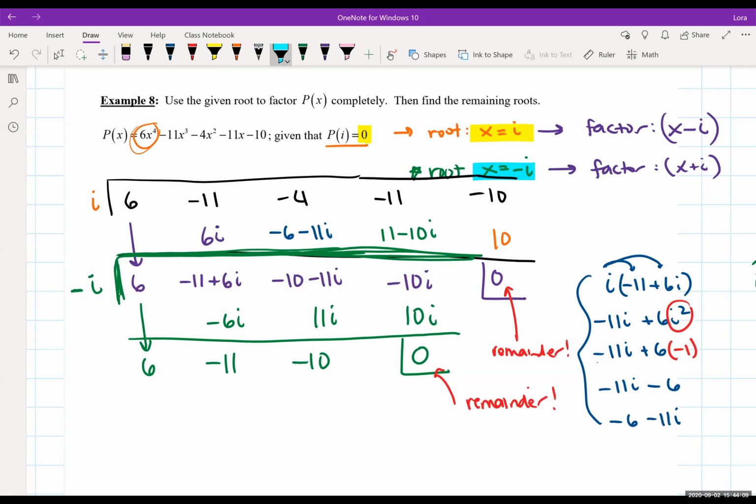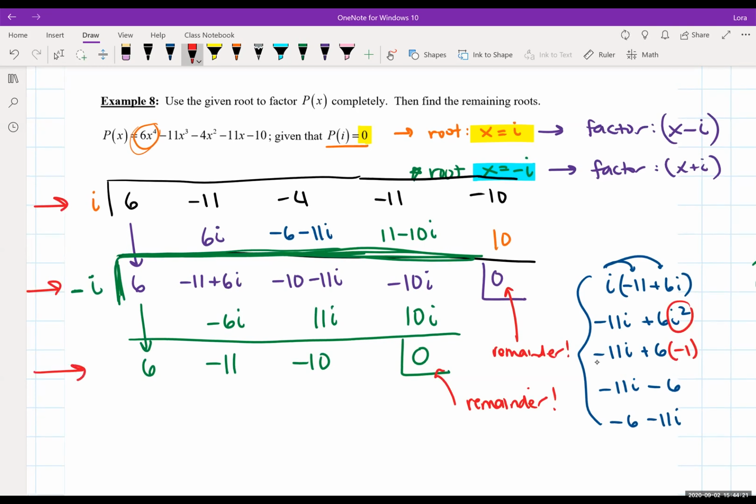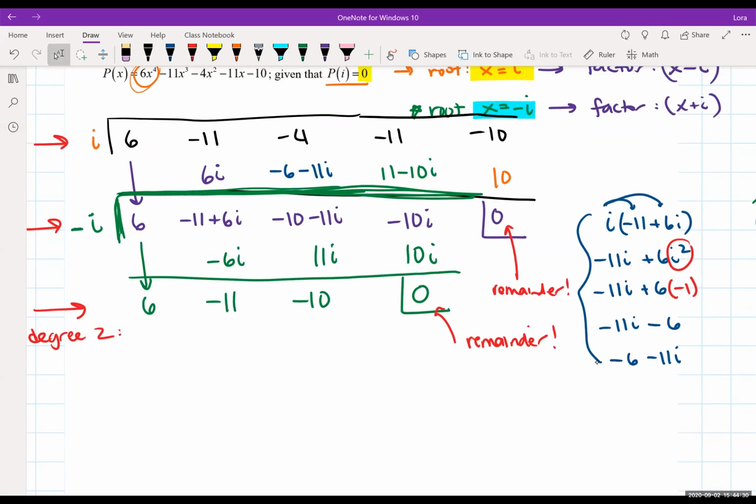If you divide this one more time by negative i, you're going from a degree 4 polynomial to a degree 3 polynomial to finally a degree 2 polynomial. And that's very valuable. So when you write this result, the quotient will in fact be 6x squared minus 11x minus 10.